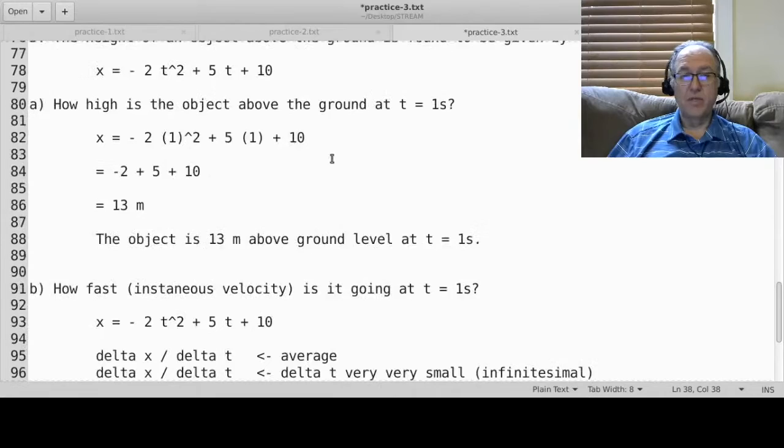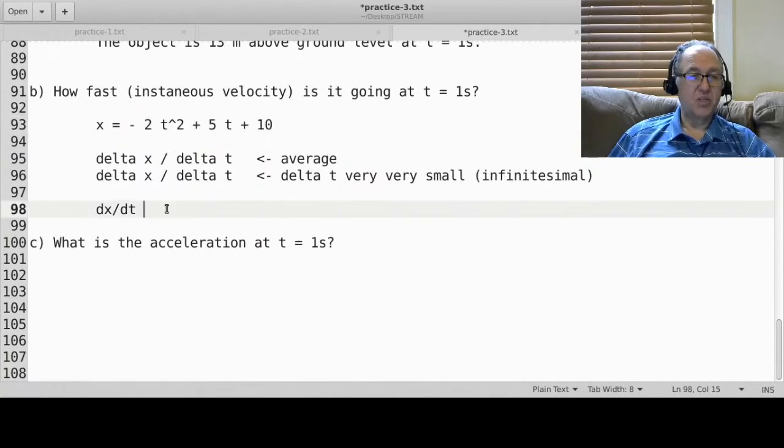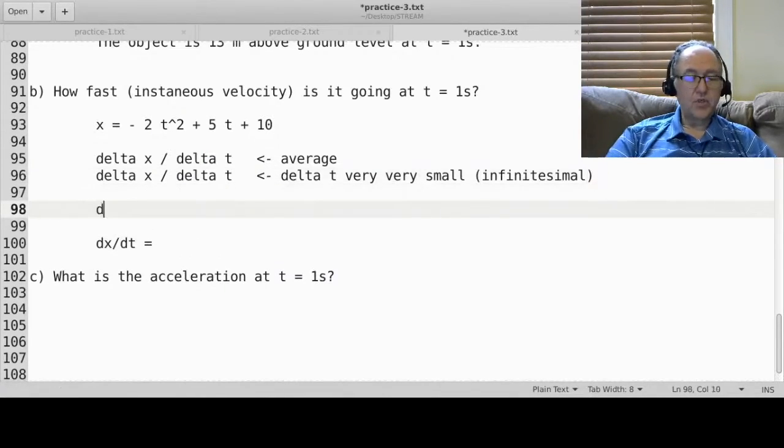And even in the lab, you're stuck with an average. But here, because I gave you a function, you can differentiate that function. And now you have to know how to do derivatives. And maybe just very quickly here, let me show you that if you do the derivative of t squared with respect to t, all right, so here, let me just clean that up a little bit.